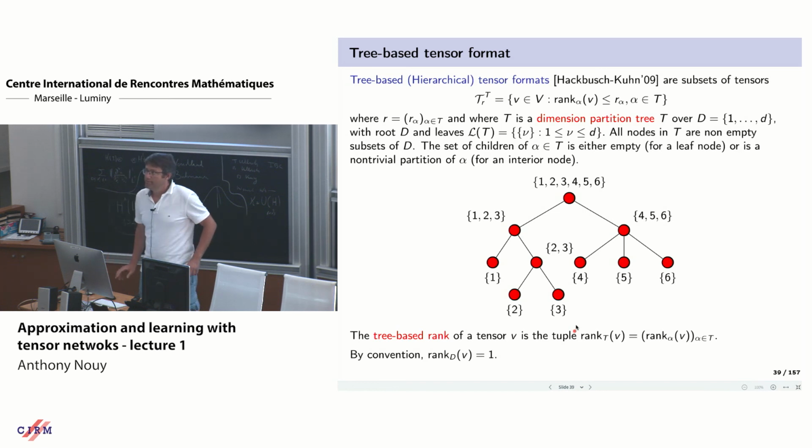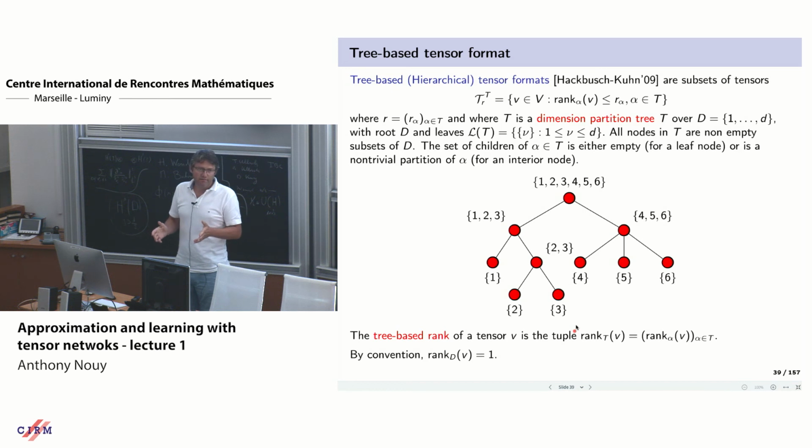Isn't there a constraint as a result of the other ranks that you impose if you transform? Yeah, of course, the rank of 2, 4, for example, will be bounded by the product of the rank of 2 and the rank of 4. But I don't know exactly what it will be. I know a bound.